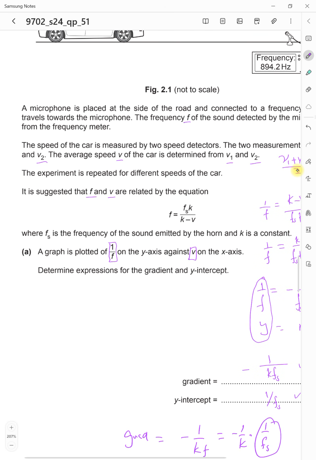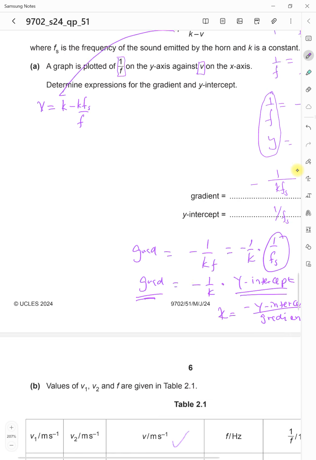If you make v the subject, cross multiplying, you'll see that v is going to be equal to, I think, k minus kfs divided by f. I have k, I have fs, and they have given me f, so I can just substitute.